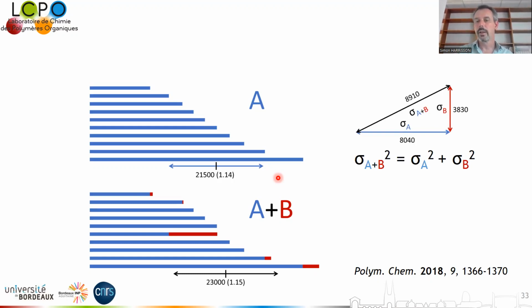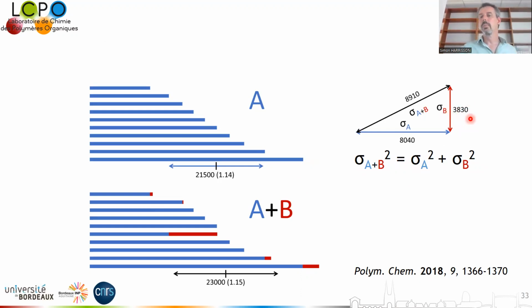We know that the standard deviation of the sum of the two polymers squared is going to be equal to the sum of squares of the standard deviation of that first polymer plus the standard deviation of the added polymer. And when we do that calculation, we find that the standard deviation of the added polymer is almost 4,000.